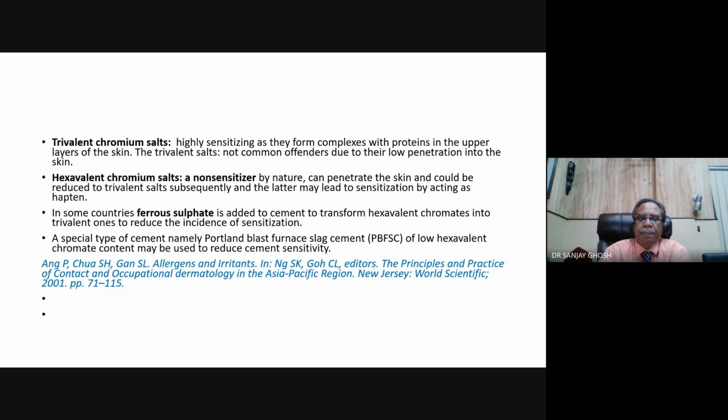But peculiarly, after penetrating the skin, it changes into trivalent, and that becomes more allergic. Trivalent chromium, though more allergenic, does not penetrate, but it is costly. So adding ferrous sulfate made it trivalent chromium. In their country, they have done this.